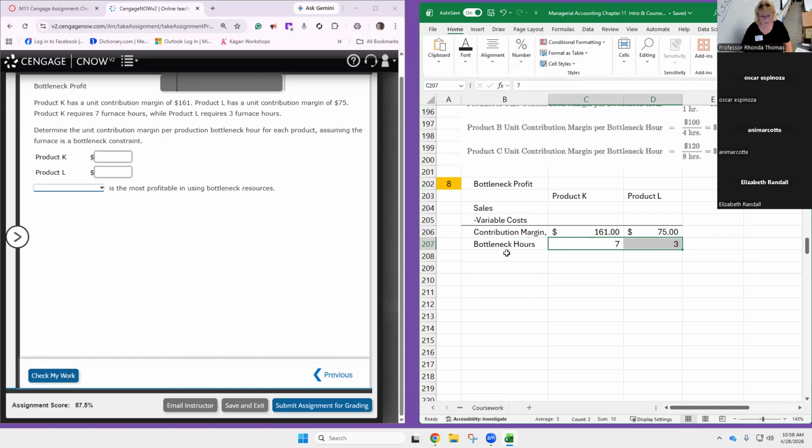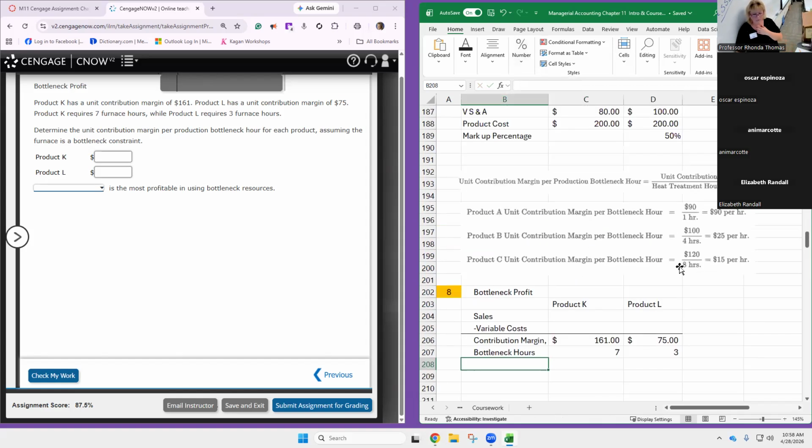Okay. And so now what we're going to do, because here's how it goes. The unit contribution margin divided by the number of hours, the bottleneck hours. So we're just simply going to make this our numerator, and then our hours are the denominator.